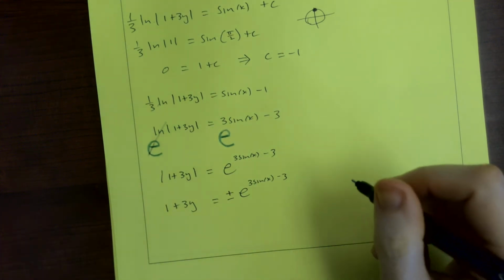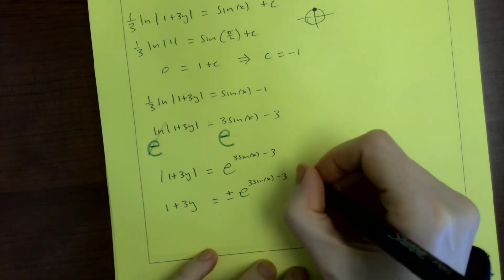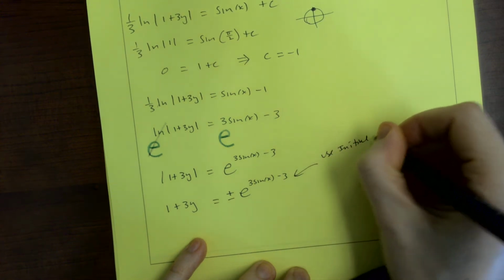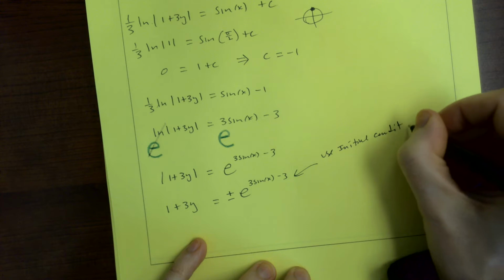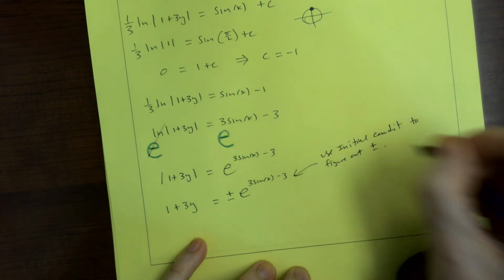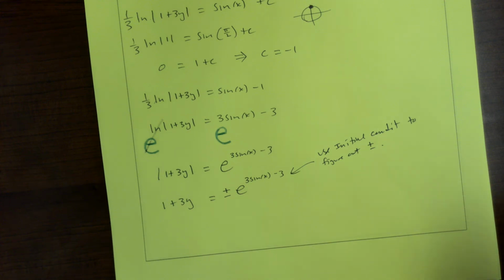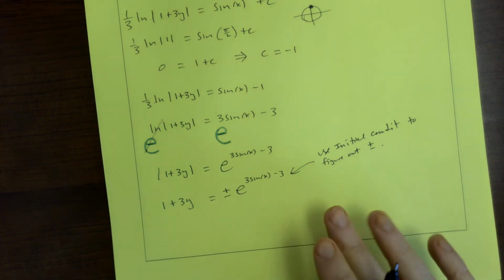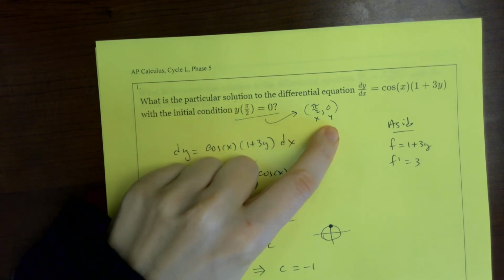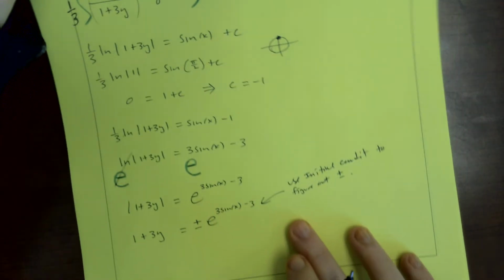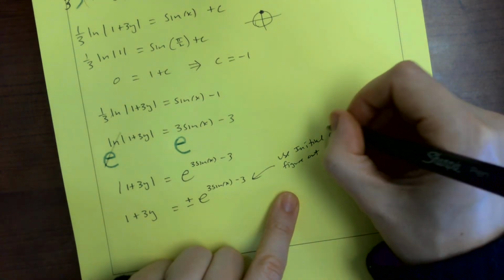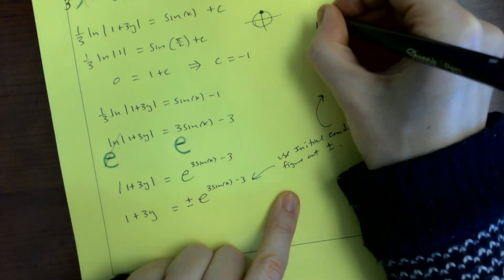Now, we're going to use the initial condition to figure out whether it's plus or minus. So the initial condition is that for an x value of pi over 2, we want a y value of 0. So I'll do an aside here.